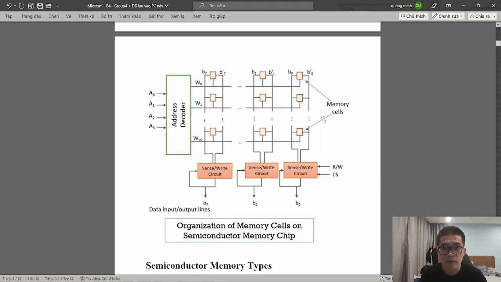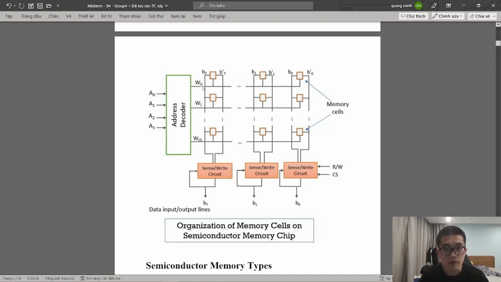So here are the memory cells from B0 through B7, and this A0, A1, A2, A3 is the address decoder.